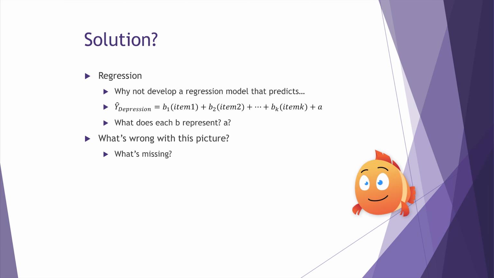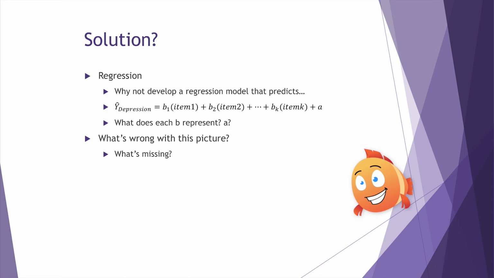And I ask you to think about what does each B represent here, and what is A? I encourage you to think deeply about it, because I may or may not tell you.